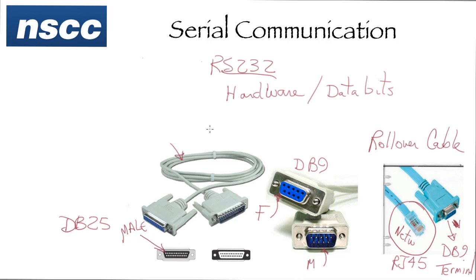In fact, you could have a DB9 cable like this with a female on one end, a male on the other, but yet the wires are actually different in the cable. So two cables that look identical but are actually wired differently. So cabling can be a bit of a black art to make sure that both ends are actually wired properly.